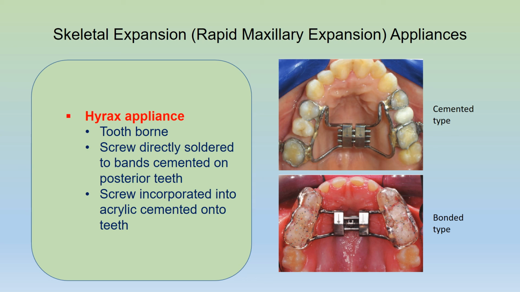This is a tooth-borne appliance. The screw is directly soldered to bands on the posterior teeth, or it can be incorporated into an acrylic cemented onto the teeth. So this is known as the cemented type of Hyrax, and this is known as the bonded type of Hyrax.